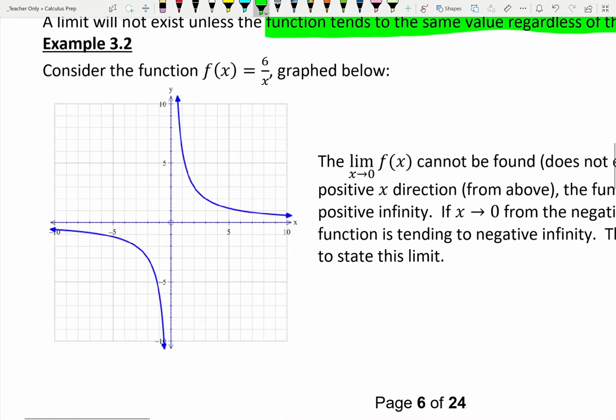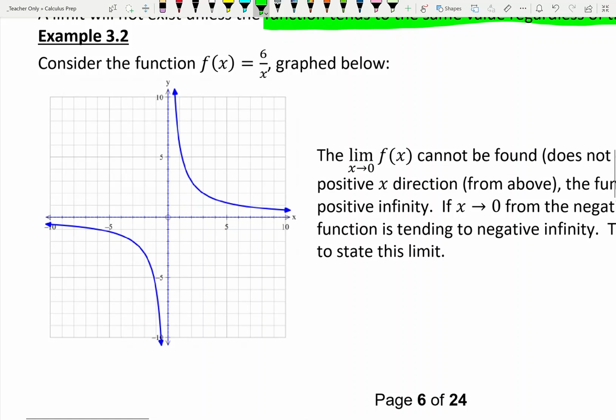So if we have a look at this graph here and consider the limit as x approaches 0. If we approach 0 from below, so here we are, we'll start at -5 and the value of the function is -1 and a bit. At -3, the value of the function is approximately -2. At -1, the value of the function is -6.